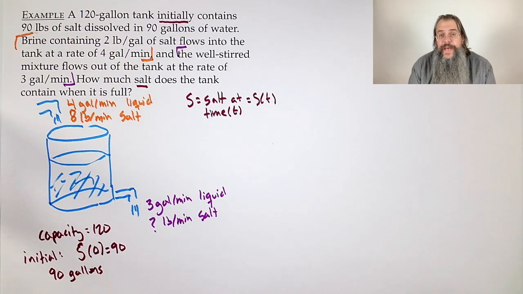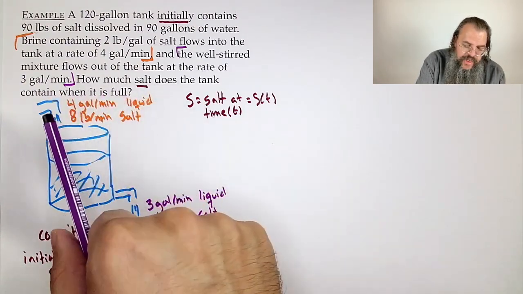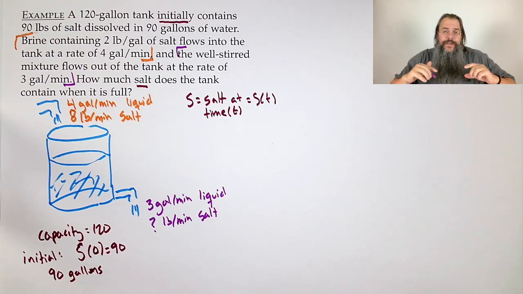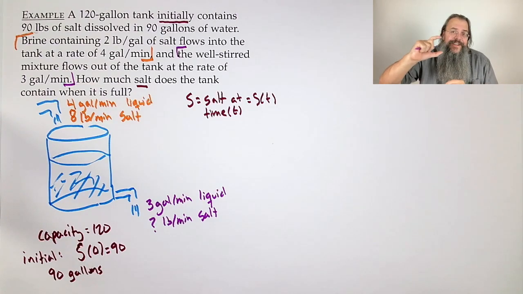And what are we after? The question is, how much salt does the tank contain when it is full? Wait a second. What does it mean when it's full? Initially, it only has 90 out of 120 gallons, so there's 30 gallons of capacity left.